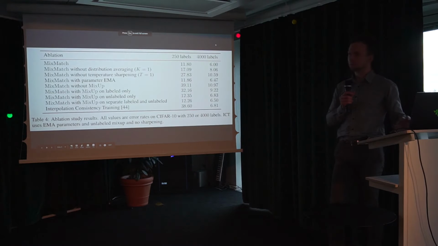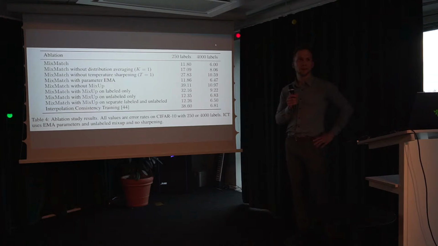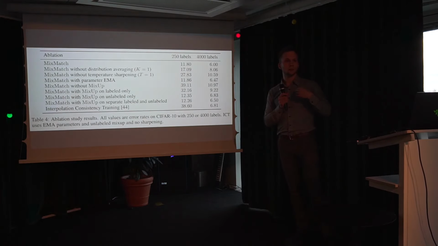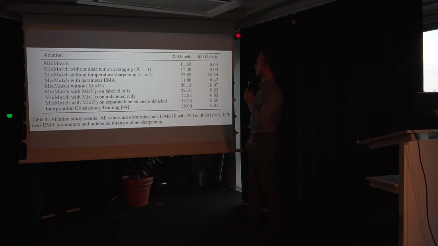Can you say again what part is MixMatch and what is MixUp? The concepts: what's the MixMatch part of the algorithm and what is the MixUp part? So MixMatch is using averaging, sharpening, and MixUp, right?